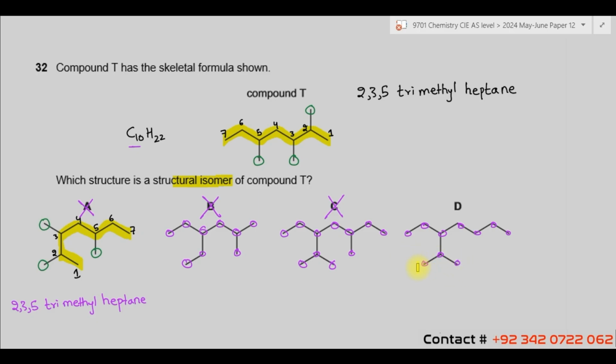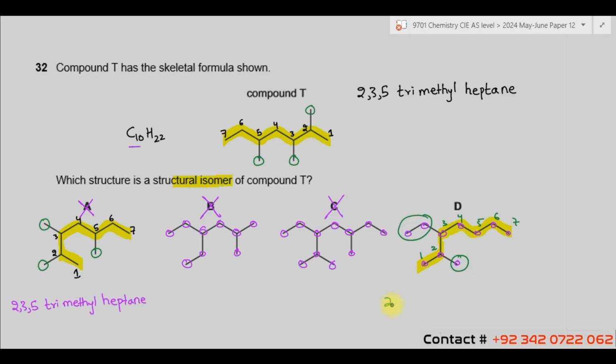Let's do the long chain. So this is the long chain. You cannot take this one as long chain because this long chain has 2 substituents. So the longer chain must have more number of substituents always. Let's look at the substituents. We have methyl group and ethyl group. So 1, 2, 3, 4, 5, 6, 7.